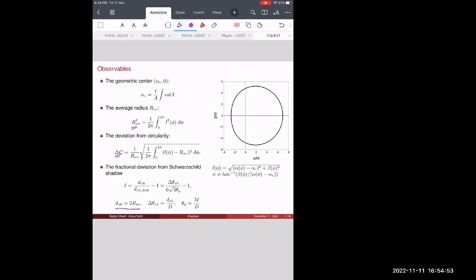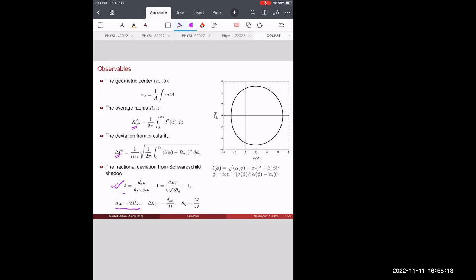But when we consider Sagittarius A star, we use a different observable. This observable is delta, the fractional deviation from the Schwarzschild shadow, and this is the way it is defined in the recent Sagittarius A star paper.